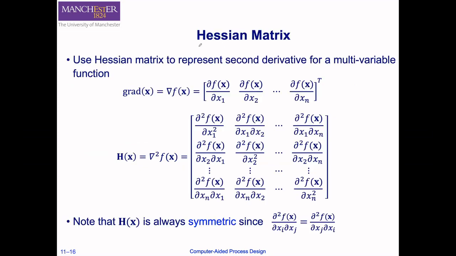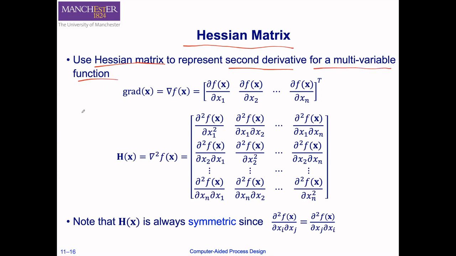We first introduce the Hessian matrix of a multivariable function. This Hessian matrix is a matrix of the second partial derivatives with respect to each variable for a multivariable function.